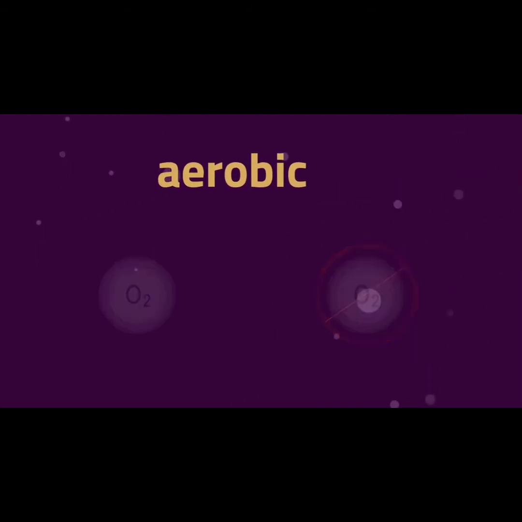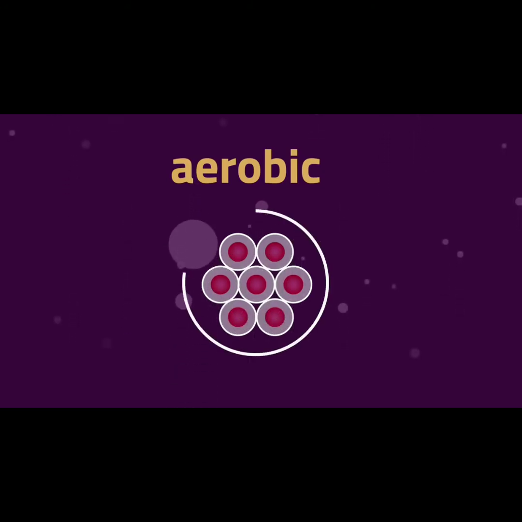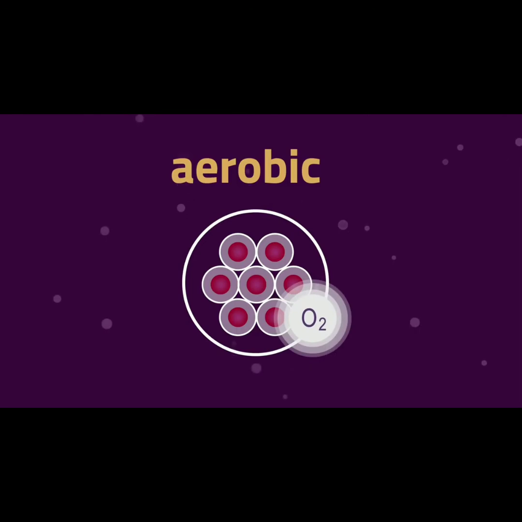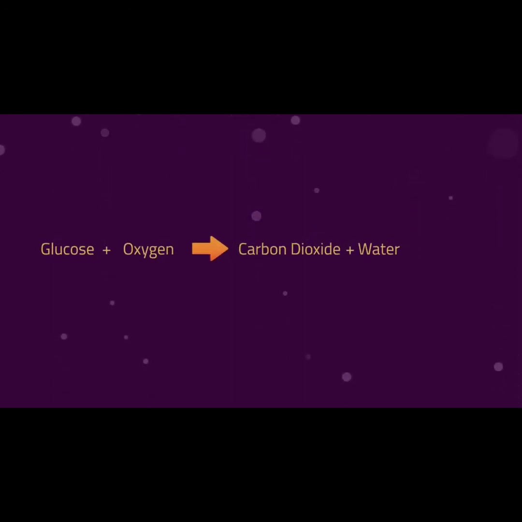Let's start by looking at aerobic respiration. Aerobic respiration releases energy in cells by breaking down food substances in the presence of oxygen. It is represented by the simplified equation. But don't forget the energy which is released.